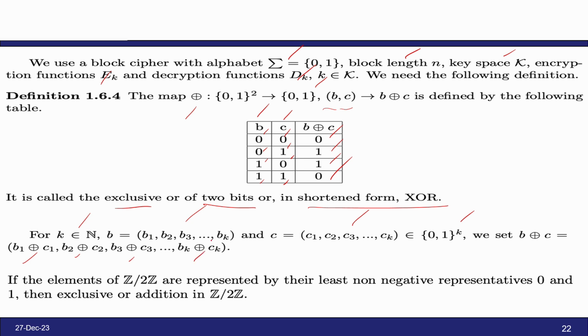This way we combine the two tuples. If the elements of Z, the integers modulo 2, that is the even numbers, are represented by their least non-negative representatives 0 and 1, then exclusive or addition is addition in Z/2Z.